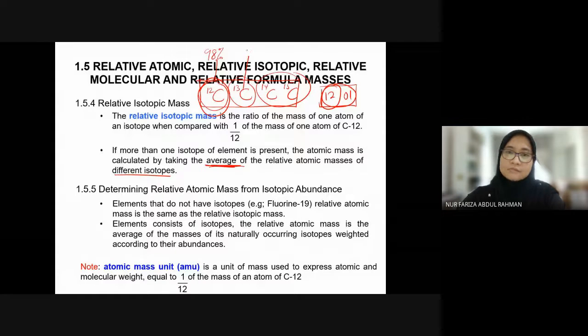This one is maybe 1.5%, the abundance, and carbon 14 maybe 0.00 something, and carbon 15 maybe a little. Totaling up the percentage abundance, it should be equal to 100.